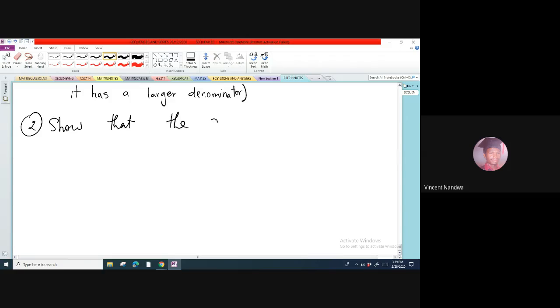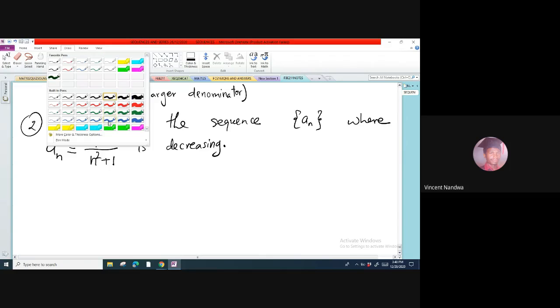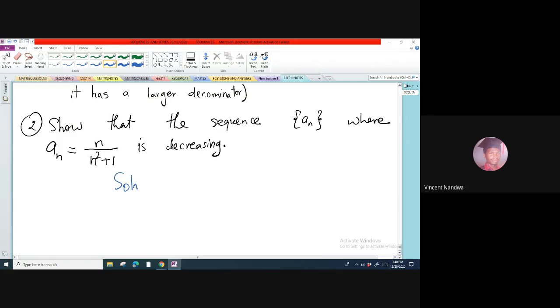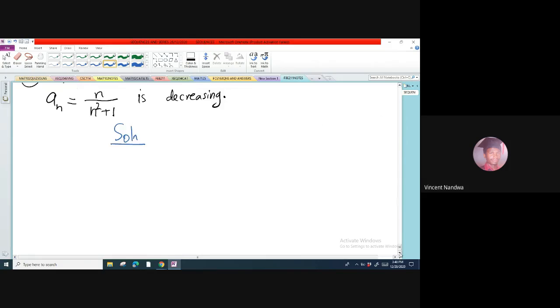And then another one, number 2, in form of a question: show that the sequence an where an is given by n over n squared plus 1 is decreasing. So solution for this, just make use of the definition of a decreasing sequence.